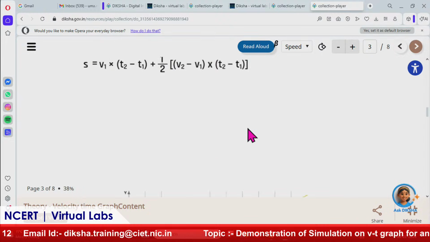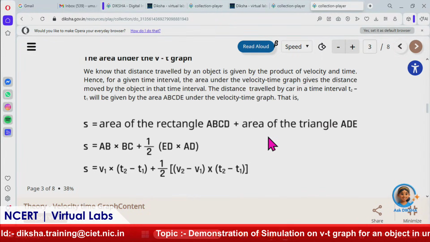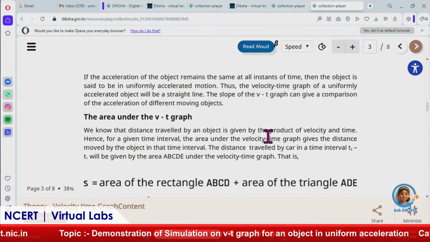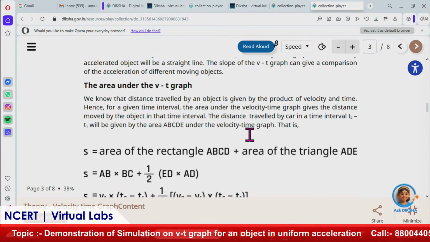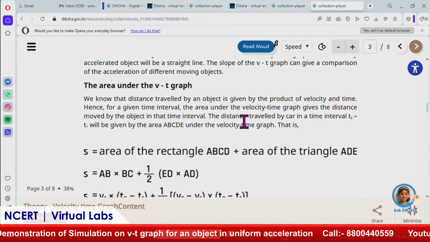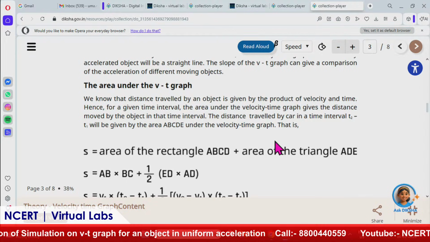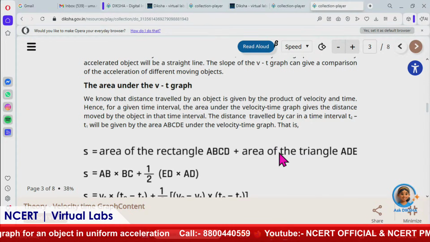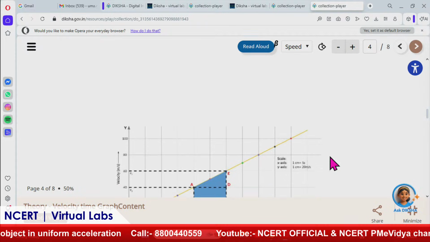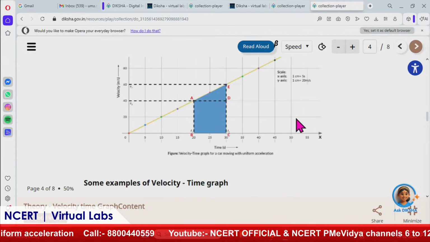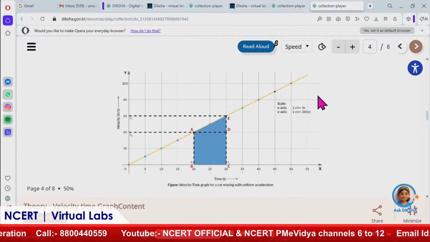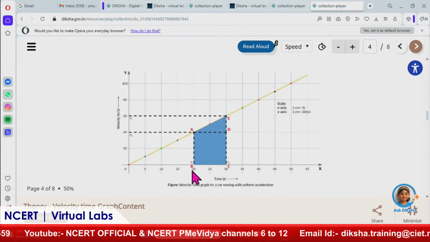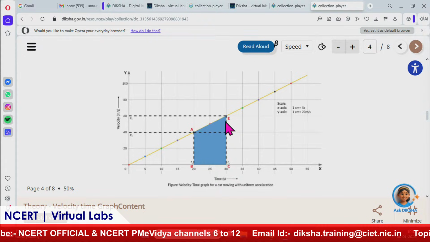So, we will move to this second part. Then the area, which I told you, is a key piece of information we get during this experiment, that is, the area of this VT graph tells how much displacement or how much distance it has covered during the entire journey. That can be easily derived using this formula. And if you see this graph over here, the shaded portion, this blue portion, is the area. We can simply calculate the slope.